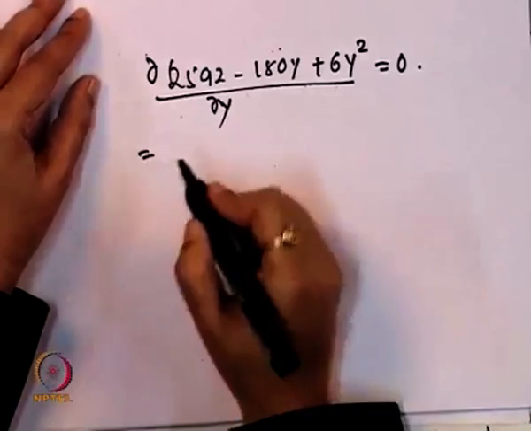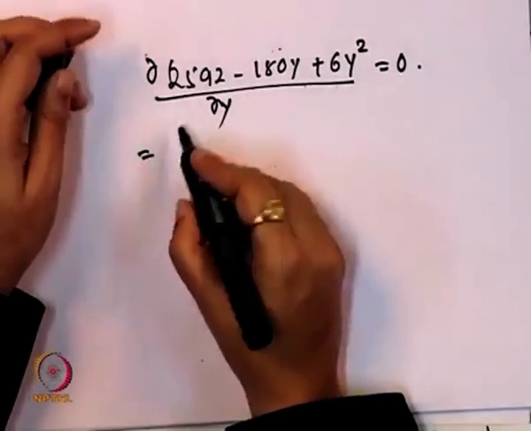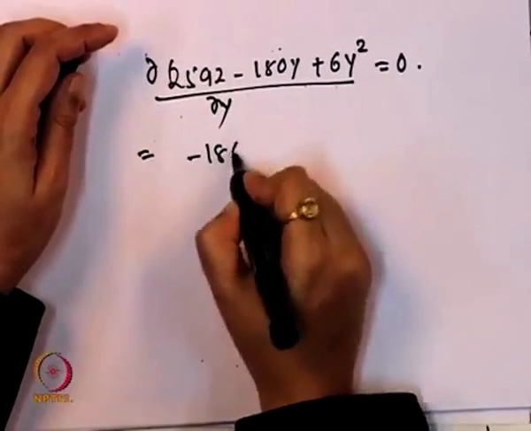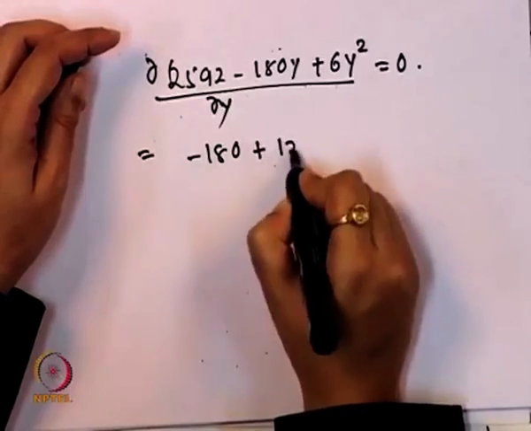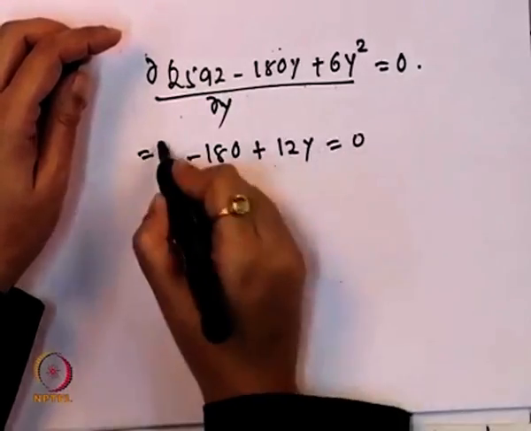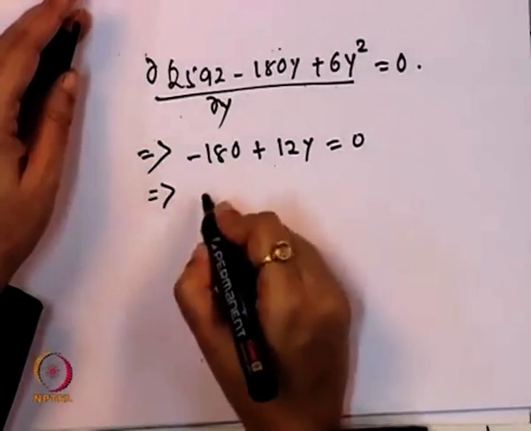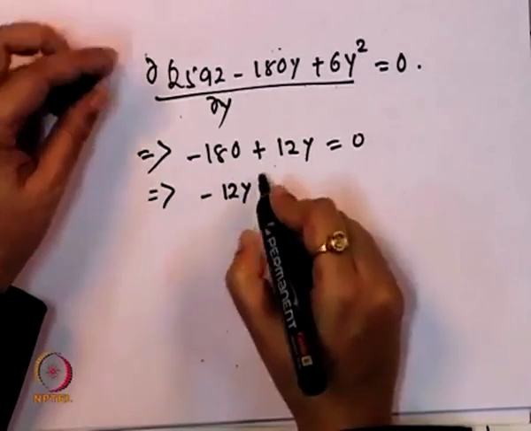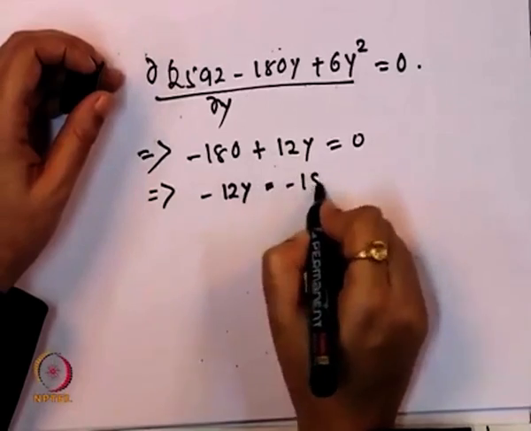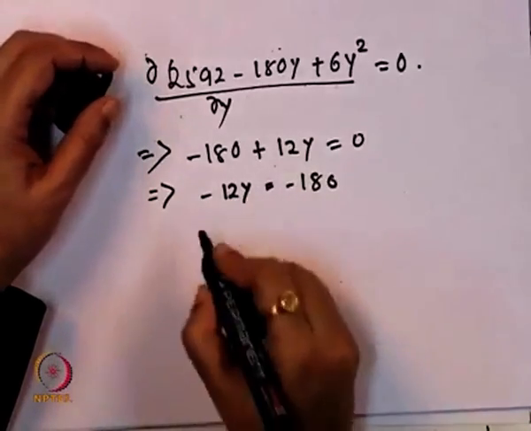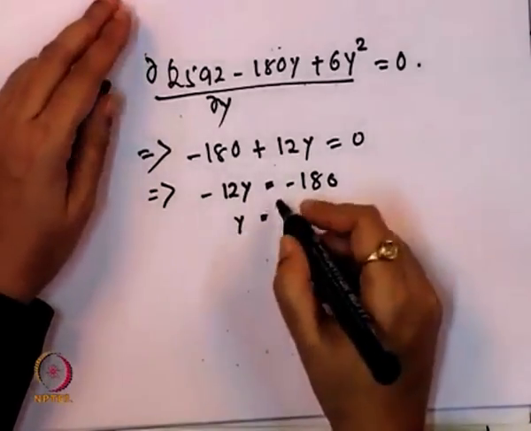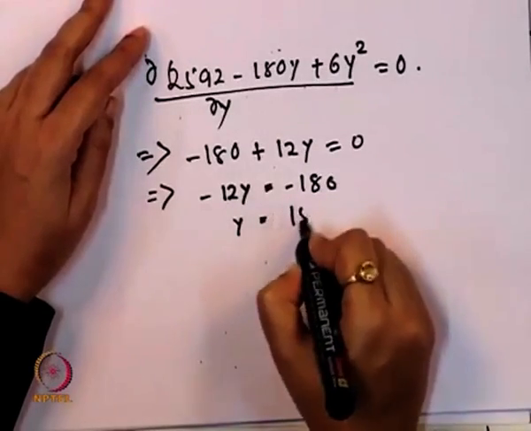So if you do this, then we get minus 180 plus 12y, which is equal to 0, which you further simplify, then it is 12y is equal to 180 and y is equal to 15.